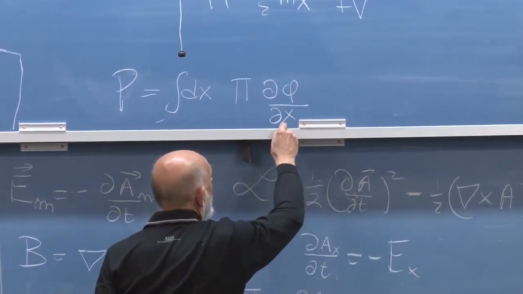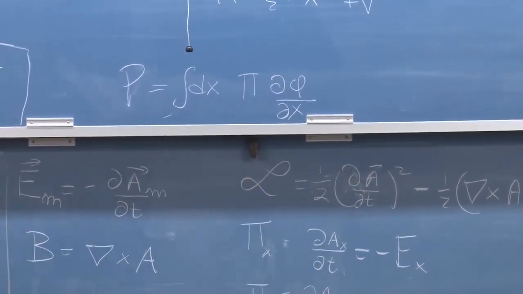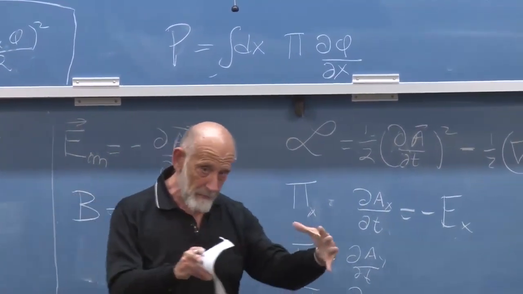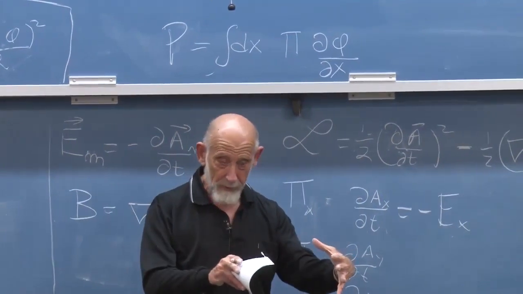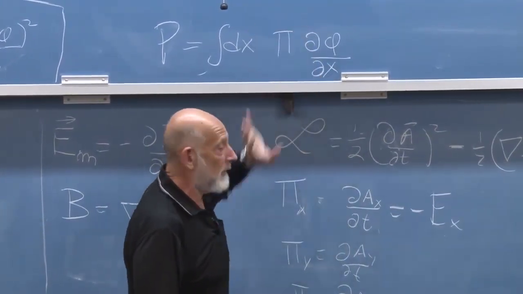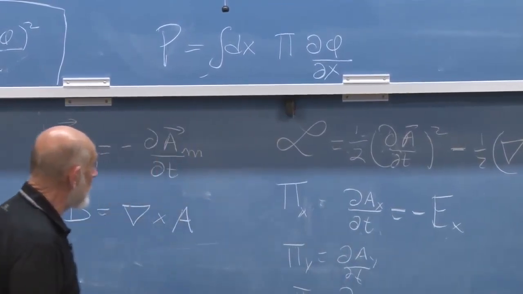I remind you where that came from. Pi is the canonical momentum, and d phi by dx is the amount the phi changes when you move a little bit. So this is the conserved quantity, conserved by virtue of Noether's theorem.